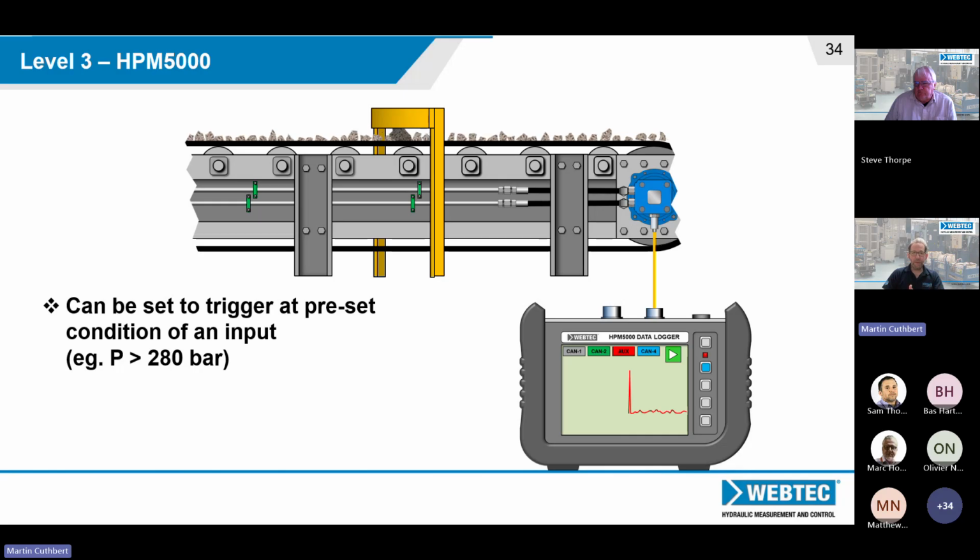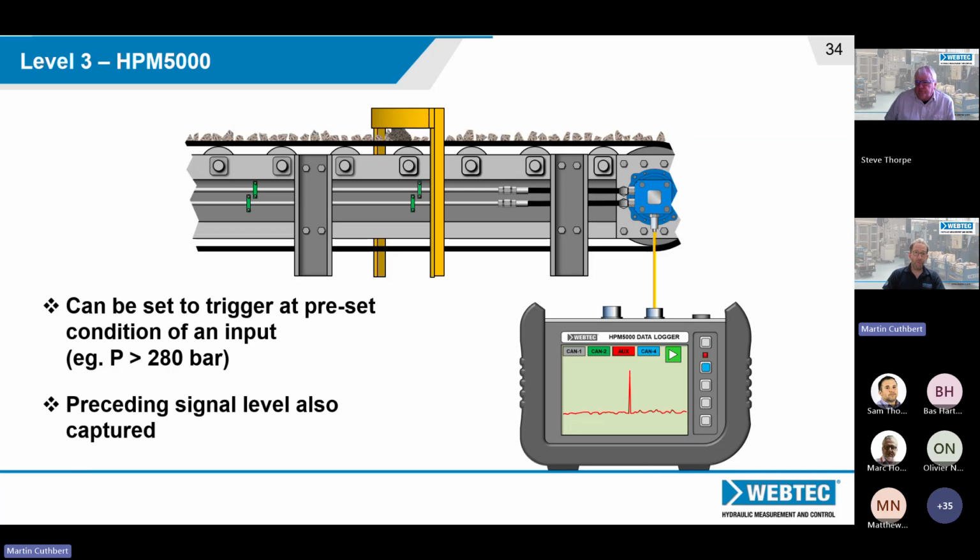That gives you a spike and then everything that comes afterwards. One of the clever features within a data logger is you can run a ring buffer, so it will continuously monitor what's happening, and then you will have the data that happened before the trigger happened. That enables you to get a picture of what happened running up to that pressure spike as well.